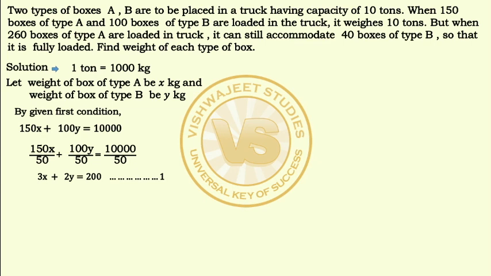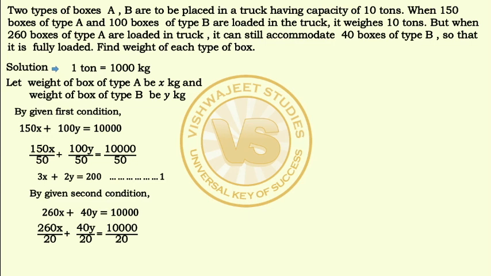Our second equation: when 260 boxes of type A are loaded in the truck, it can still accommodate 40 boxes of type B. From this condition, we get the equation 260x plus 40y is equal to 10,000. To make a simple equation, we have to divide it by 20.